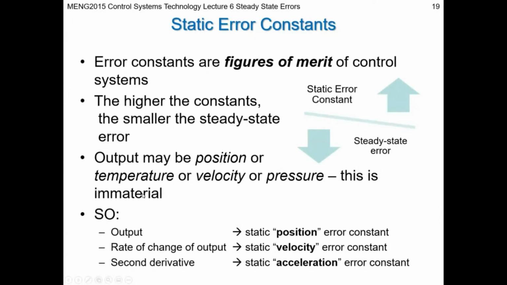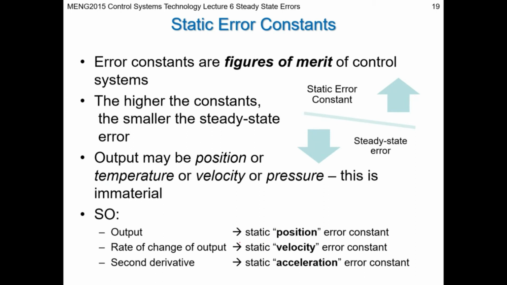It could be a temperature system, in which case the Kp would correspond to your temperature value. Your Kv would correspond to the rate of change of your temperature, and the Ka would be the second order rate, or the first order derivative of the rate of change.